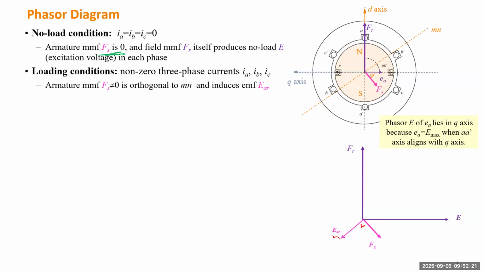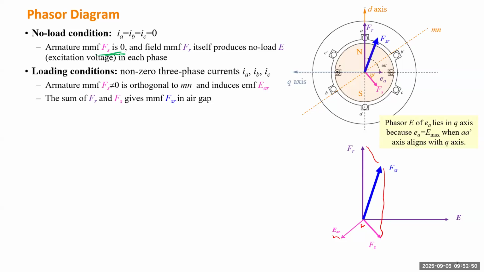So we are going to calculate the total voltage. That will determine the real voltage you can have for the external system to be powered. The sum of FR and FS gives you the total magnetomotive force. We call it FSR. So we draw a phasor. If you see this parallelogram, that is the sum of the two magnetomotive forces.